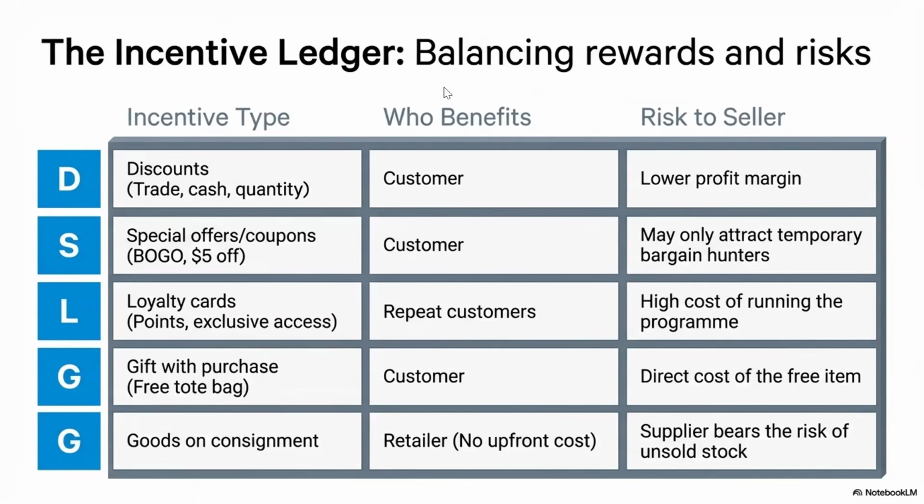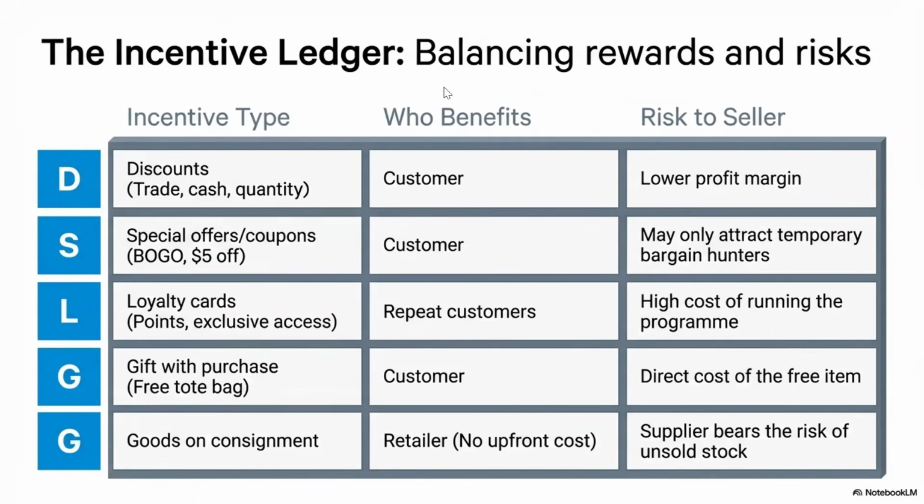The free gift items are going to cost you money. And with goods on consignment, remember they only have to give the money once all the goods are sold, so you have a chance that if the goods aren't sold, you have to pay that cost. But the risk is there, the reward is there as well.